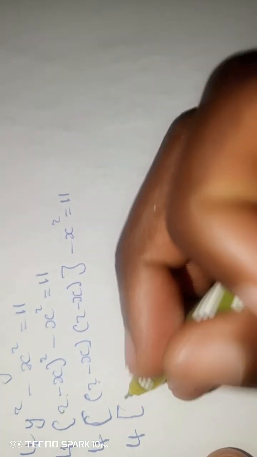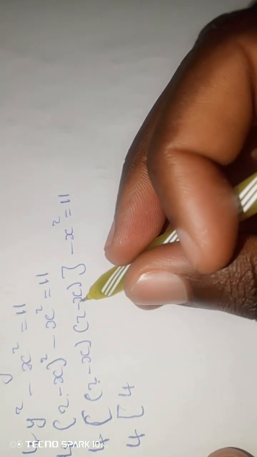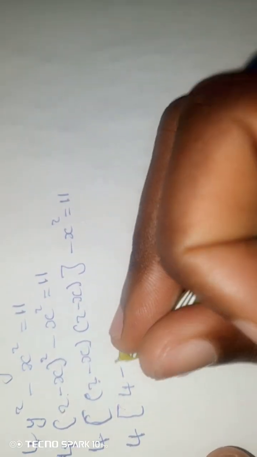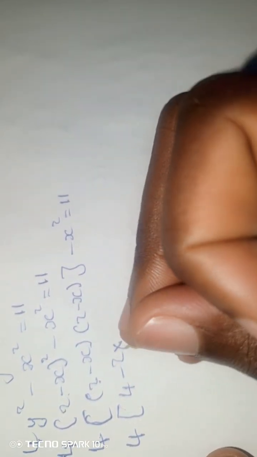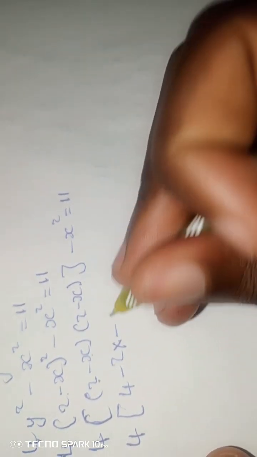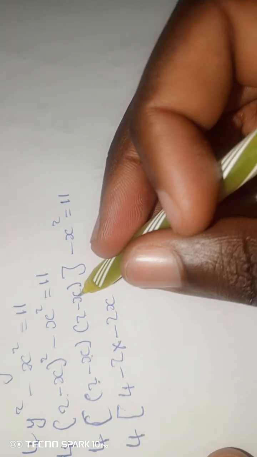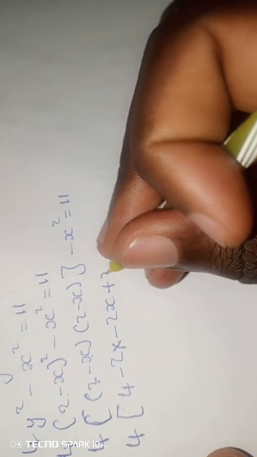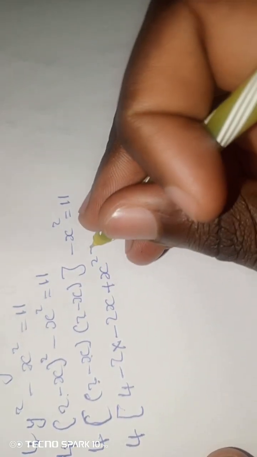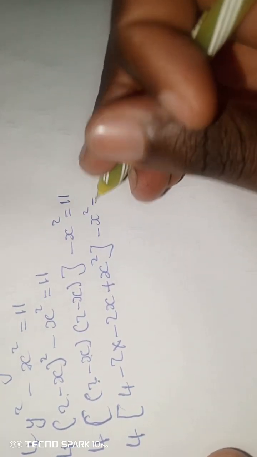I'll write 4 open bracket, so I'll start multiplying. 2 times 2 will give me 4. 2 times negative x will give me negative 2x. Then I'll also do the same: negative x times positive 2 will be minus 2x. Then negative x times negative x will be positive x squared, minus x squared equals to 11.